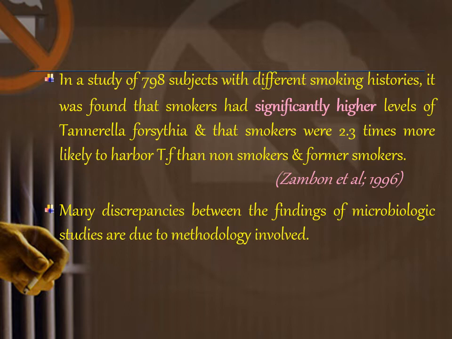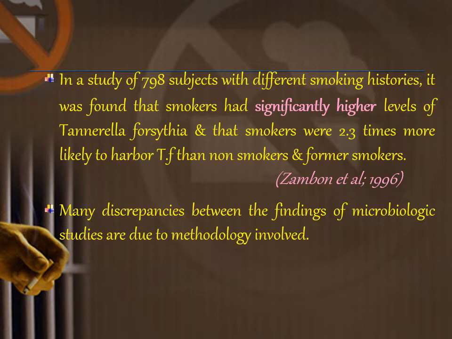In a study of 790 subjects with different smoking history, it was found that smokers had a significantly higher level of TF, and that smokers were 2.3 times more likely to harbor TF than non-smokers and former smokers.